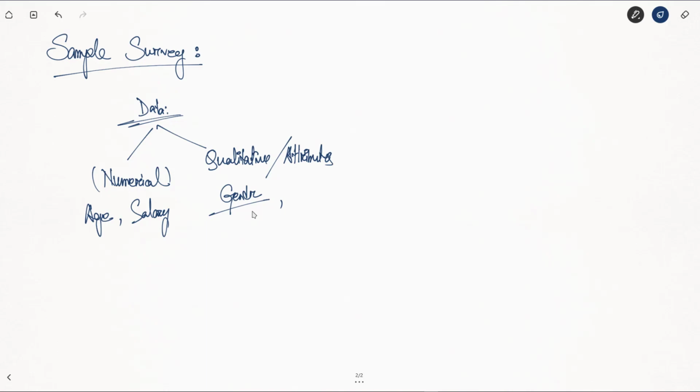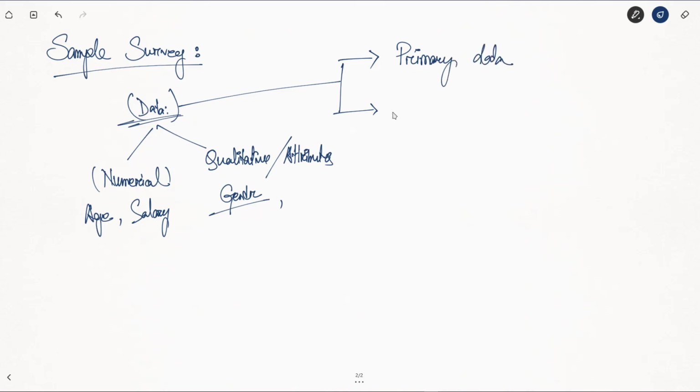So data basically are collected from somewhere, right? Obviously we will have to collect those data. Now this data can be collected by two methods. One, you can go yourself and collect them. Two, you can take help, or you can use already available or pre-existing data. So if you collect those data yourself, those are called primary data, right?